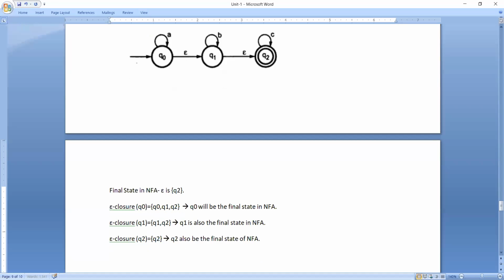So finally, the set of final states of NFA will be the union of Q0, Q1, Q2. All these three states are going to become final states.